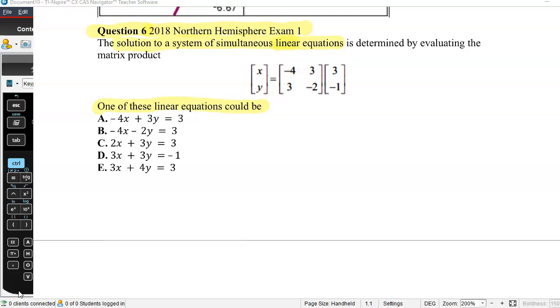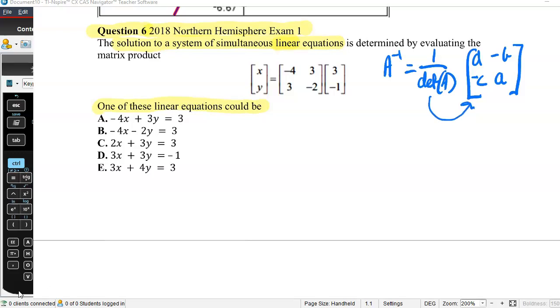So we know when we find an inverse, okay, our inverse of A is equal to 1 over the determinant of A, and then we've switched those, and then we've times those by -1. All right. And then we times that fraction into the matrix.